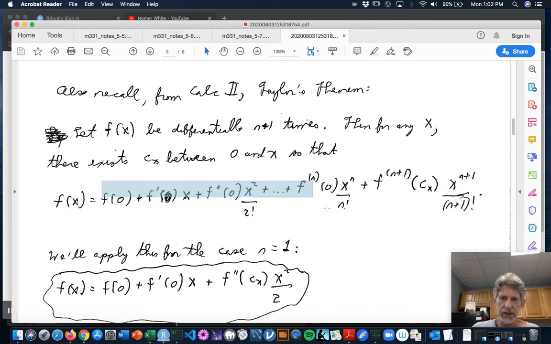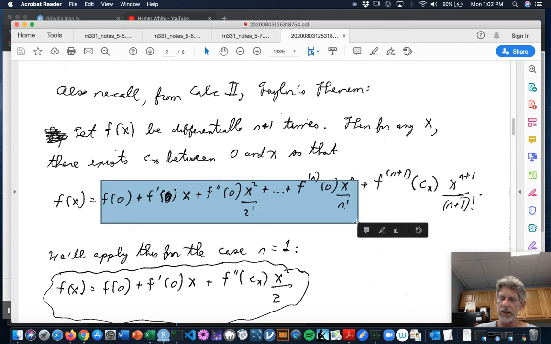This first bit is a polynomial in x, okay? Going from the 0th power, which is right after the f of 0, first power, whose coefficient is f prime of 0, second power, the x squared there, coefficient is second derivative at 0 over 2 factorial. And it keeps going with that same pattern, ith derivative over ith factorial at 0, up to nth derivative at 0 over n factorial.